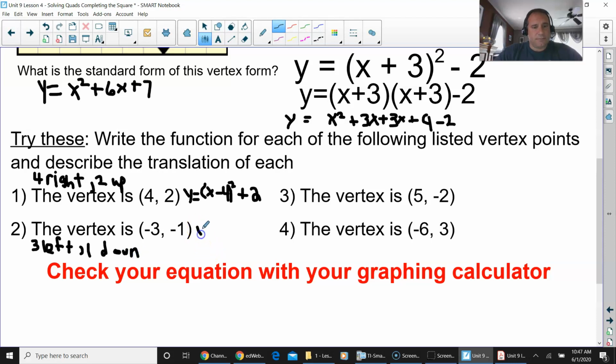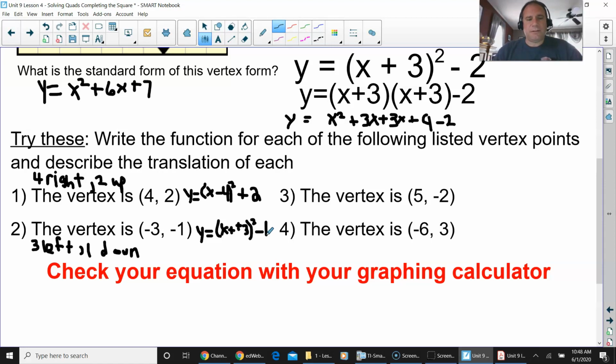Y equals 3 to the left. So x minus a negative 3. Make sure you put that double negative down, so that's going to be plus. Squared, down, minus 1. And that's it. Go ahead, try number 3 and 4 on your own.